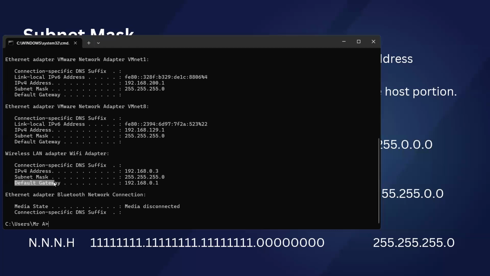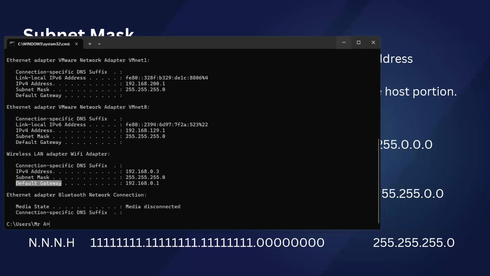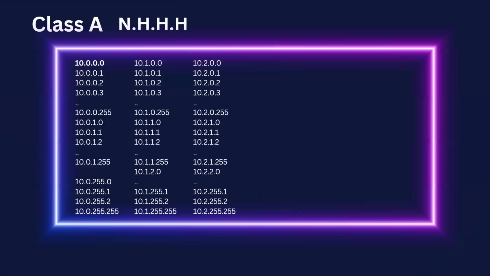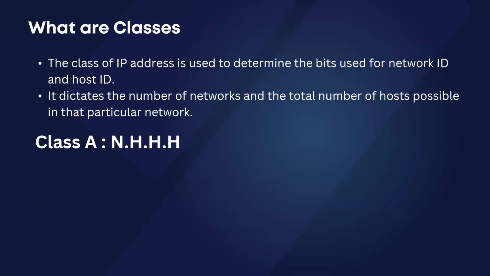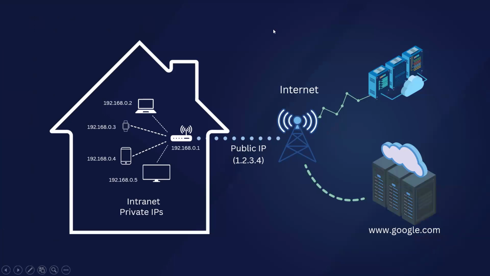This is like a fancy name given to your Wi-Fi router, as it basically acts as the gateway between two different networks. If you remember this diagram from our earlier classes, when any of these devices, whether it be this laptop, this smartwatch, this smartphone, or this smart TV, wants to communicate with the internet, they always have to send the data to the Wi-Fi router.